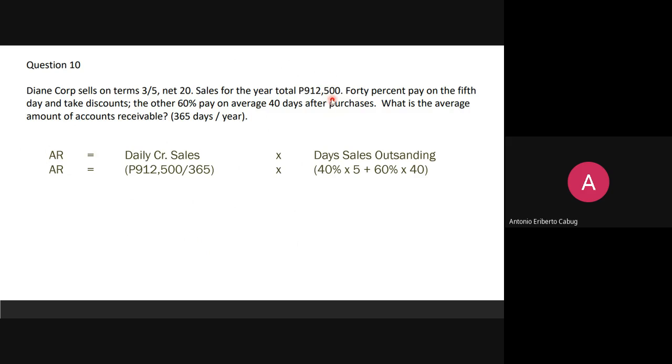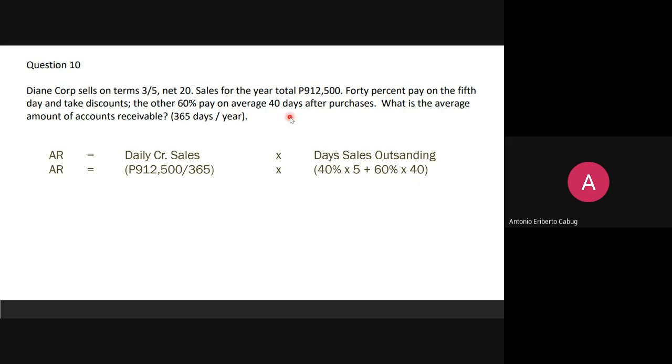Daily credit sales, 912,500 divided by 365. Day sales outstanding, may mga customer nagbabayad ng day 5 to take advantage of the discount. 5 days, 40%. The rest, the remaining 60%, they pay on day 40. Pasaway sila.